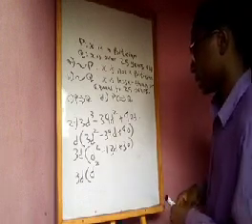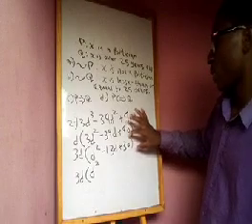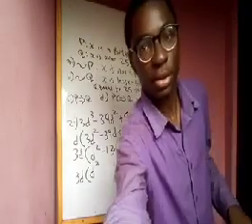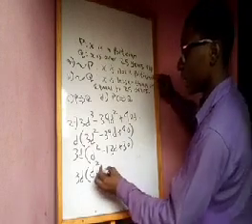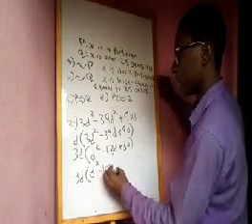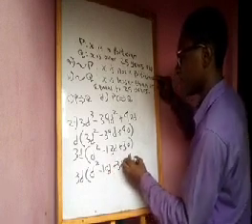Let me try. So I've successfully looked for the factors, and that is minus 10d and minus 3d. Then we write the last step, plus 30.